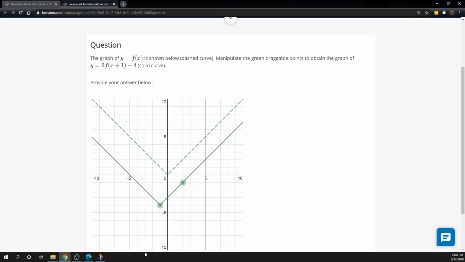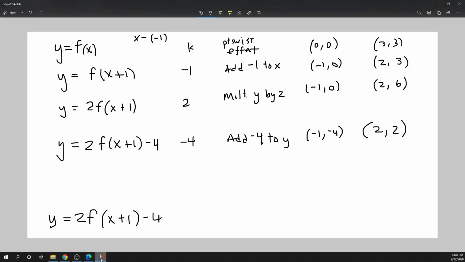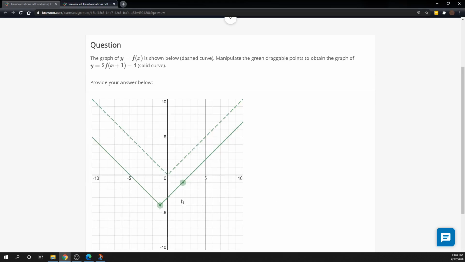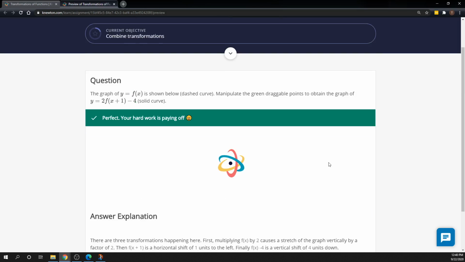And the other point, this one up here, gets moved to 2, 2. So 2, 2 would be right up here. And that's it on this one.